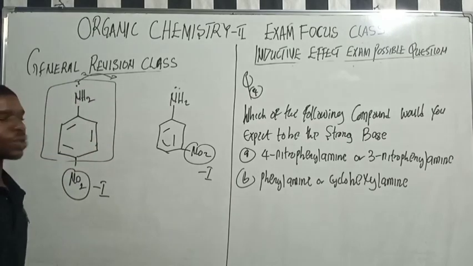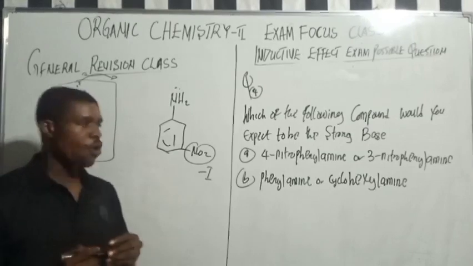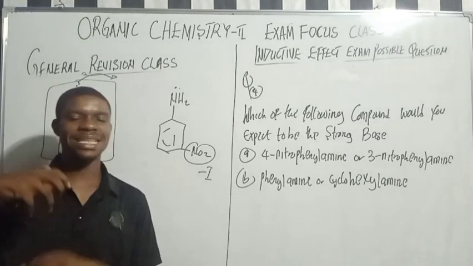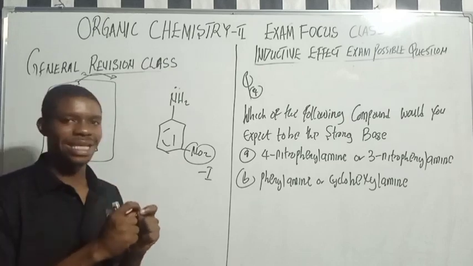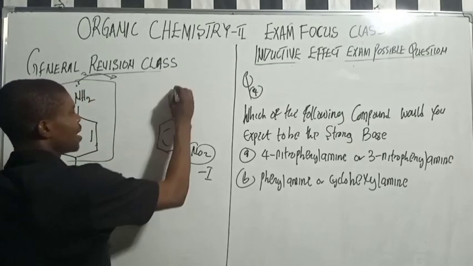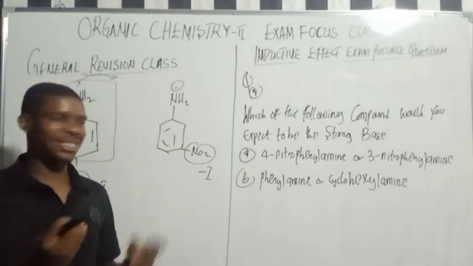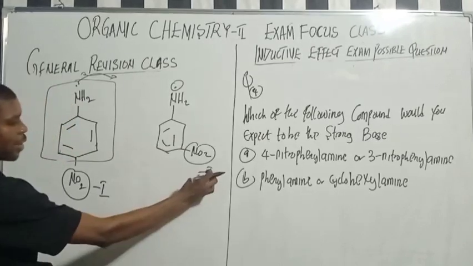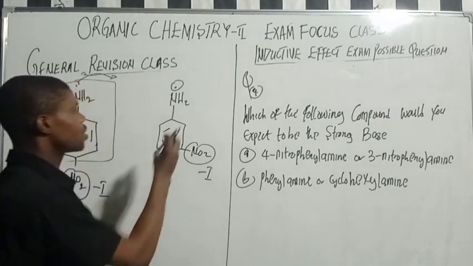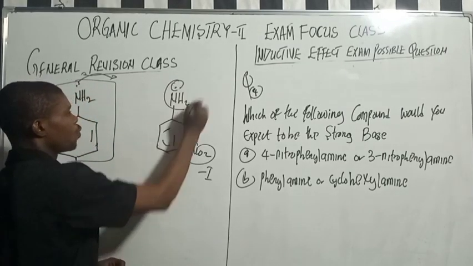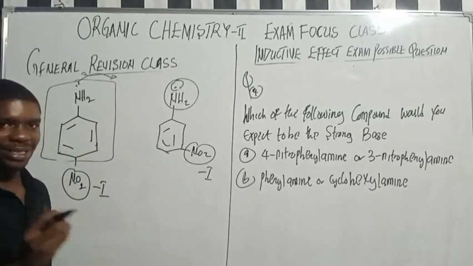What you want to understand here is that minus I effect decreases basicity. Whenever a minus I effect is attached to a base, it decreases the electron density, so this electron here is not easily available. The closer the minus I effect is to the group with the lone pair, the lesser the basicity.